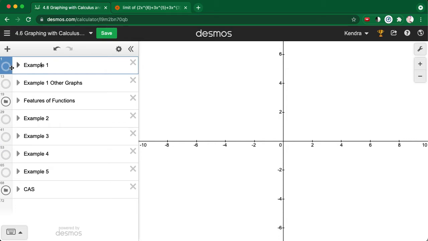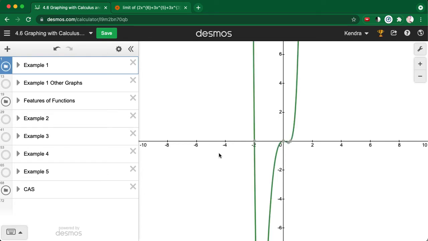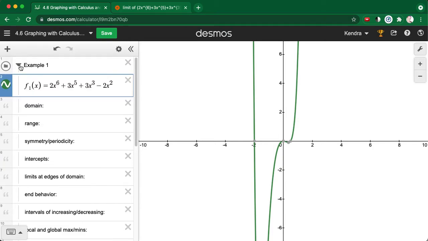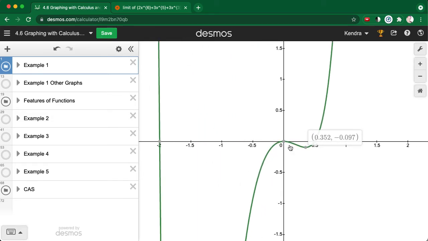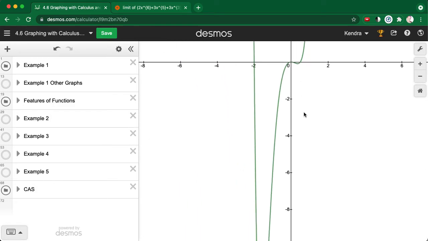graph functions, one of the beautiful things about Desmos or any graphing calculator is it immediately gives you a picture with very little work. All you have to do is write in the function, and I can trace points on those functions. If I highlight the function, it will give me intercepts. And if I zoom in, it will also give me relative local extrema, local maxes and mins.